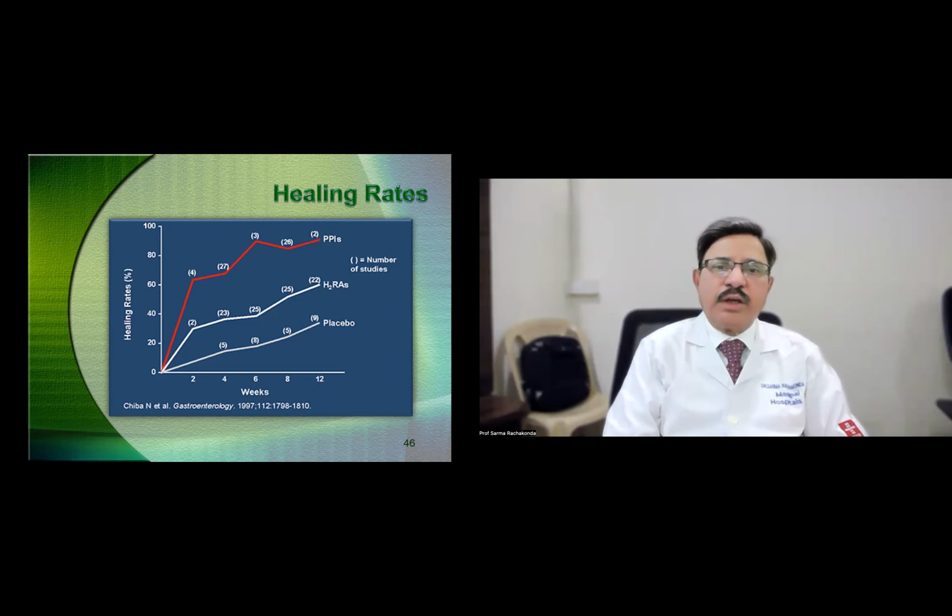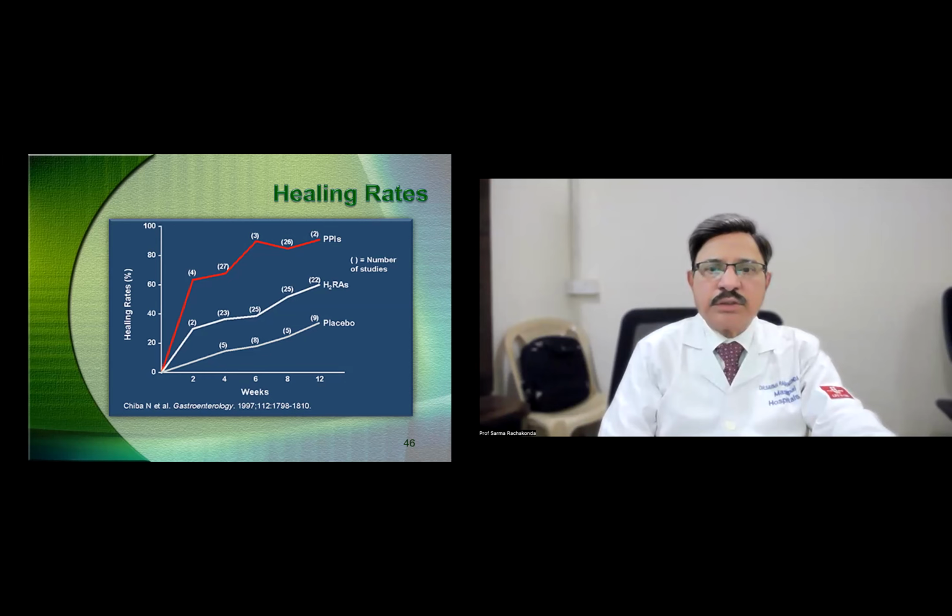If these are used, up to around 60% of people get relief around 12 weeks. When you use PPIs, you can see almost 95% of the people get relief at the end of 12 weeks. So PPIs are way above the general measures, followed by H2RAs.